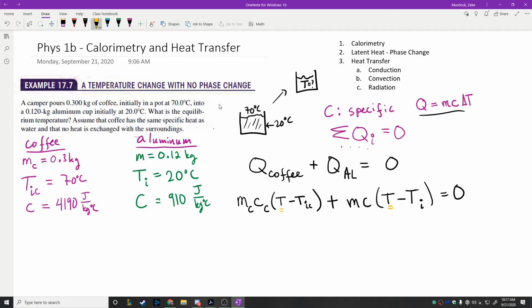So all we need to do is isolate the T. Let's put all the numbers in at the end. We really want to multiply through these equations, so this is going to be kind of a long equation. Okay, first term, we just expand that out. We've got MC CC times T minus.